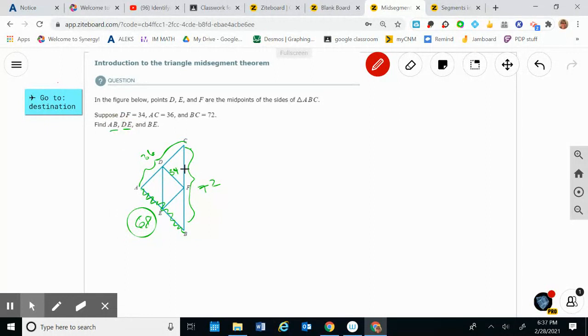Okay, DE. DE is parallel to this side, and that's 72. So this is half of that, which is 36. 72 divided by 2 is 36. And BE is going to be half of 68, which is 34. All right, I hope you got that.